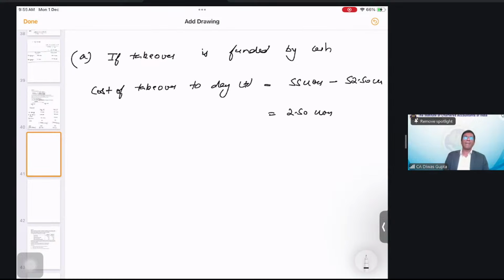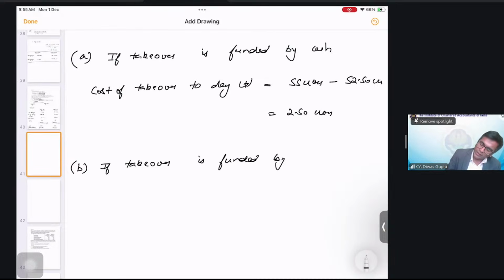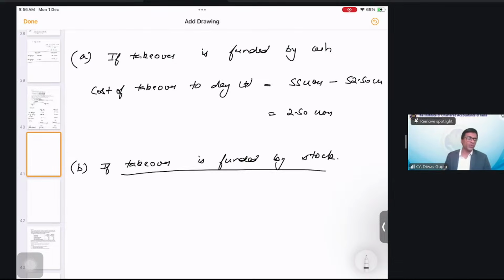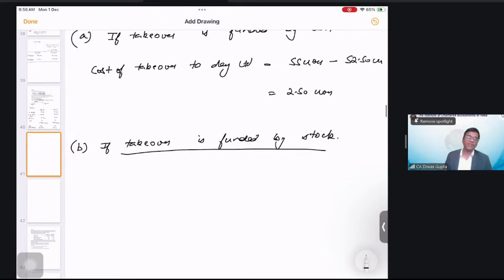Clear, students? Now the next part is if takeover is funded by stock. Yes, you're right, Sanjay. If takeover is funded by stock, so the stocks are being issued. That means we are issuing the equity shares. So first of all, we'll have to compute how many equity shares are to be issued.